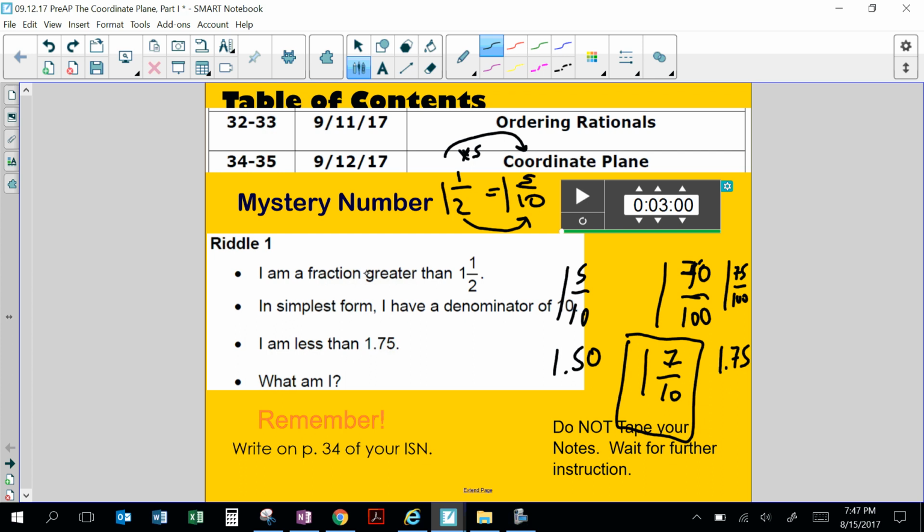I am a fraction greater than 1.5. 1 and 7 tenths, in decimal form, is greater than 1 and 50 hundredths. So far good. In simplest form it has a denominator of 10. It works. I am less than 1 and 75 hundredths, and it is. And if I want to write this as an improper fraction, 10 times 1 is 10 plus 7 is 17/10.